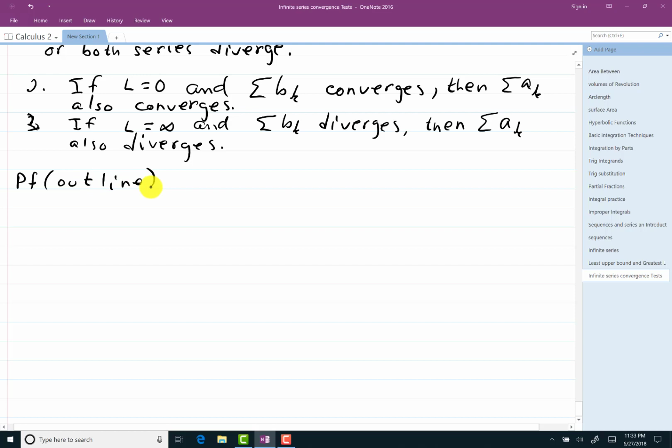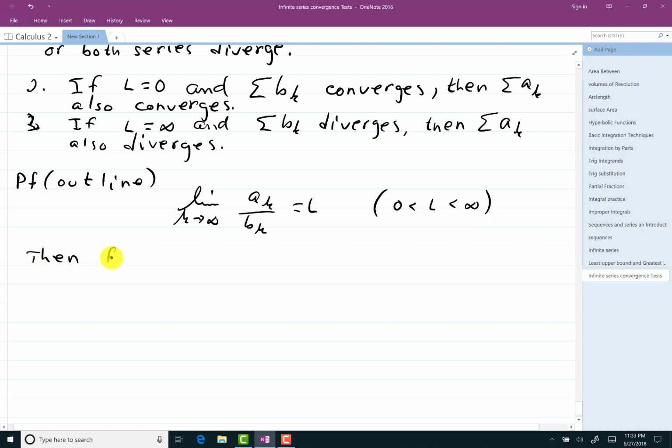So if we have the limit as k goes to infinity of A_k over B_k equals L, L is just going to be a number for right now. Let's just say L is between 0 and infinity.